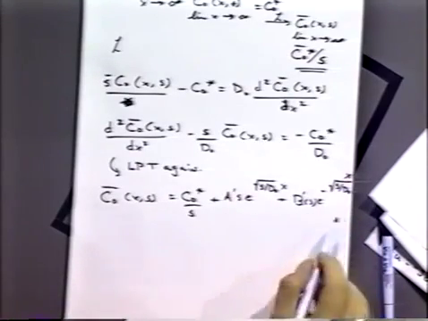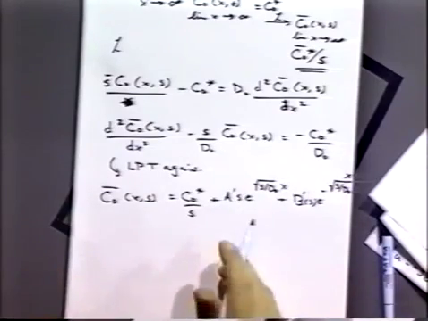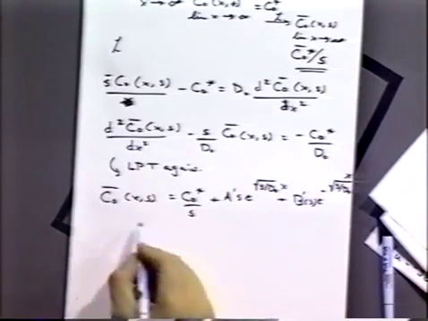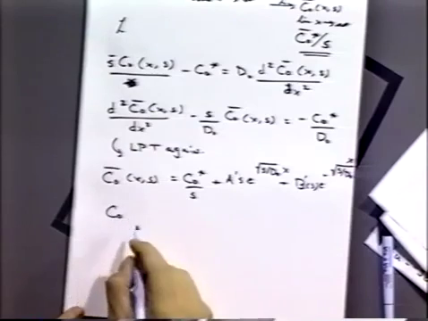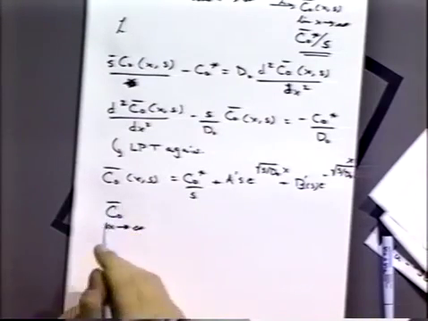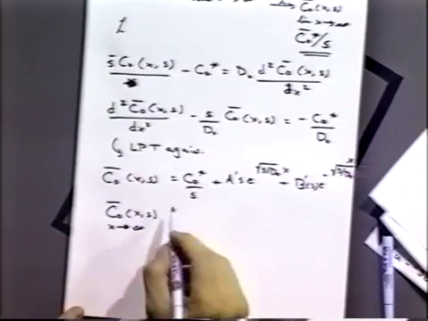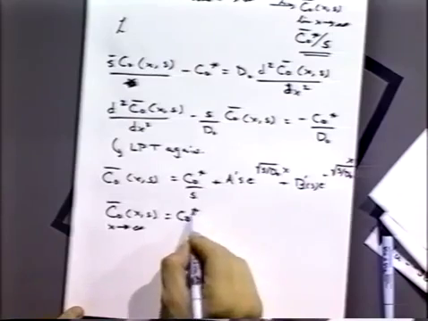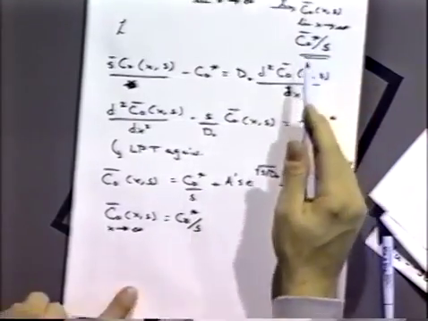Now, how do we figure this out? Well, we just have to find values for A prime and B prime to get our final result. Let's take a couple of attacks at it. First of all, we know that as x goes to infinity, the Laplace function C O bar of x and s has to be equal to C O star over s, and that was one of our initial conditions up here.